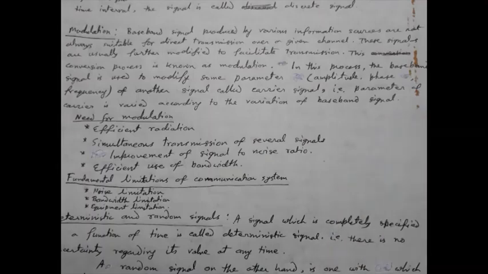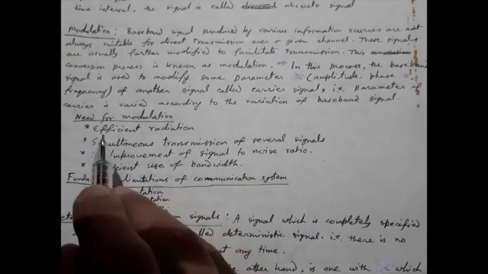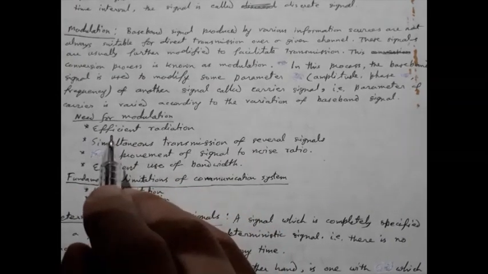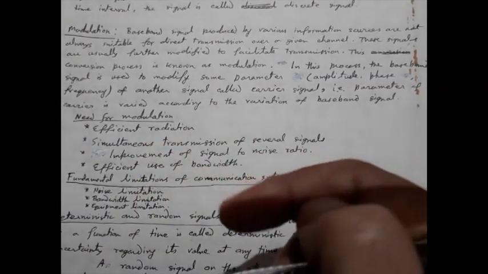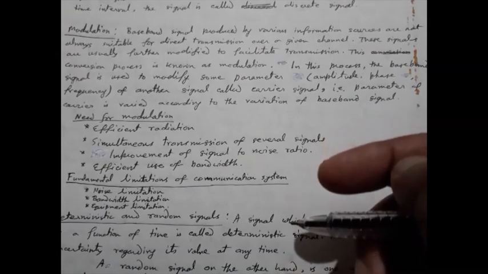Why do we need this modulation? So first, efficient radiation. For efficient radiation, the antenna size is of the order of lambda by 2, where lambda is the wavelength.